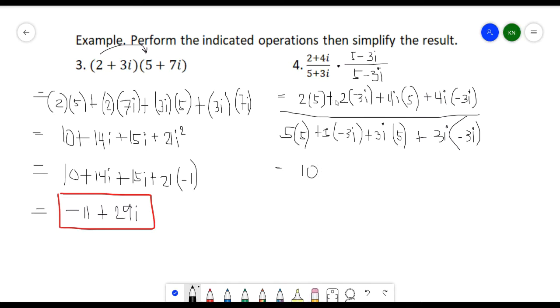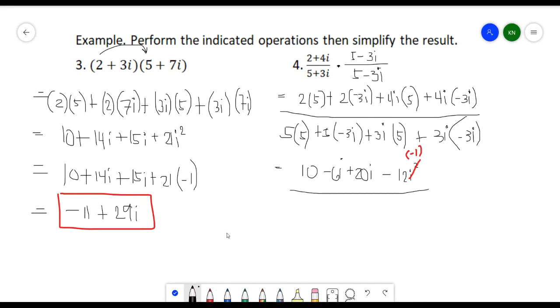We have 2 times -3, that is minus 6i, plus 20i, minus 12i squared. And again, i squared is equivalent to -1, so we can just replace that with -1.